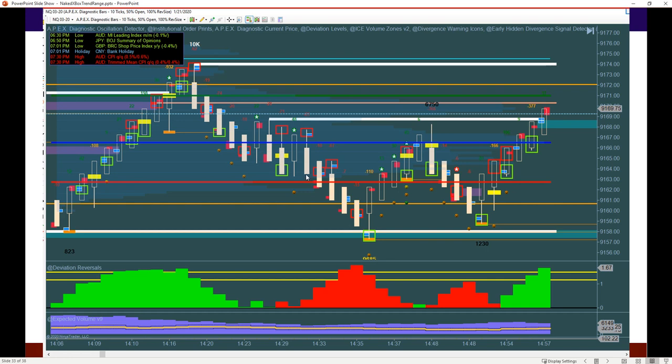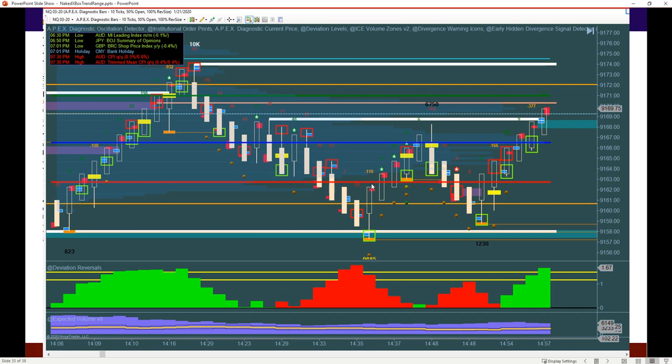Do we have easily 10 ticks of room to profit before we get to the bottom of the range box? Yes. Okay, so we could take that trade. Down here, we're at the bottom of the range box. We've got trapped orders and exhaustion in an up close bar.